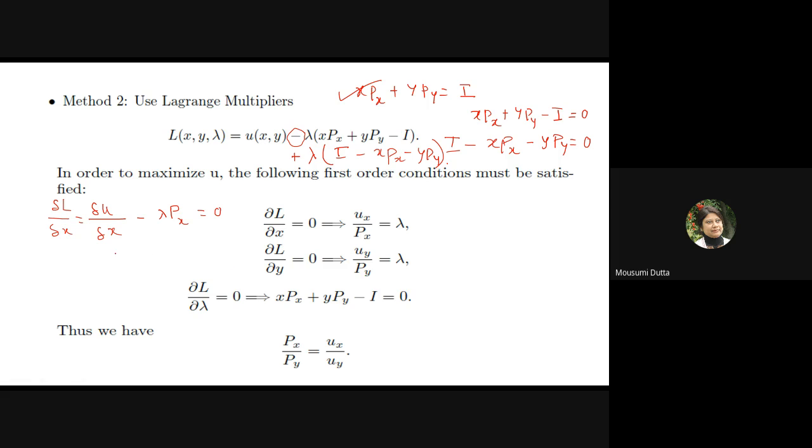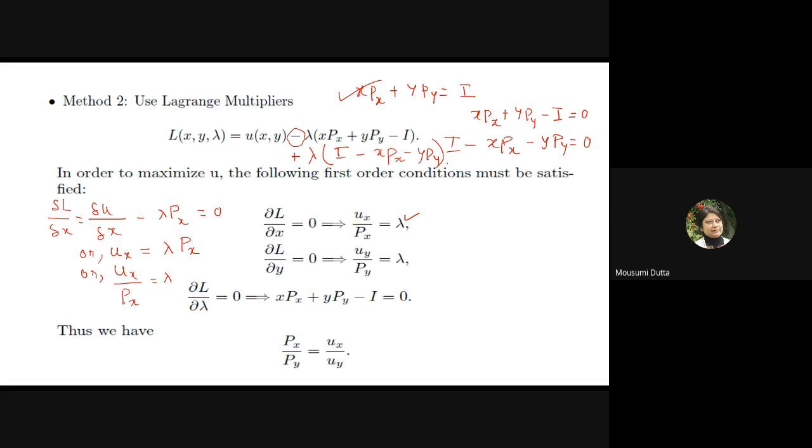Now this is nothing but ux, or ux is equal to lambda px, or ux by px is equal to lambda. So this equation, ux by px is equal to lambda.